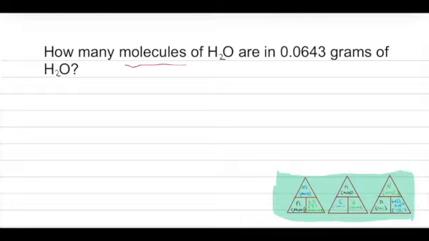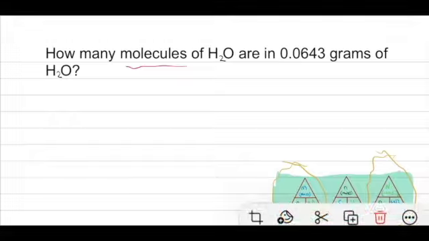Try and do it without, but for the sake of explaining, I'm going to use the triangles. The one where we need to find a number of molecules is the third one, right? What do we need? We need moles, and we already have Avogadro's number. How do we find the moles? To find the moles, we need to use the second formula, which is the first one.